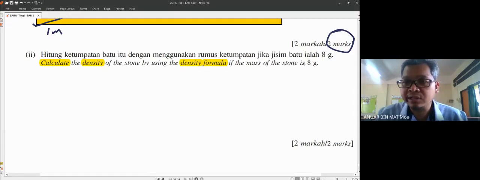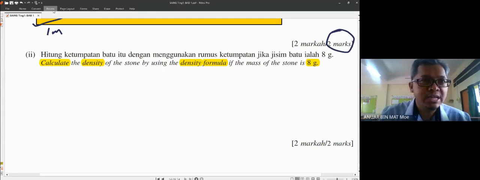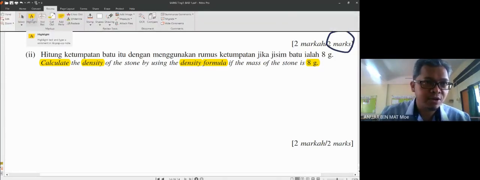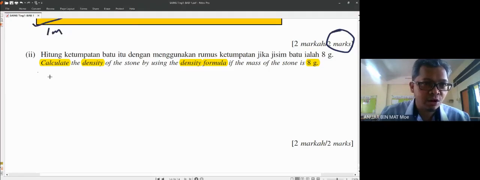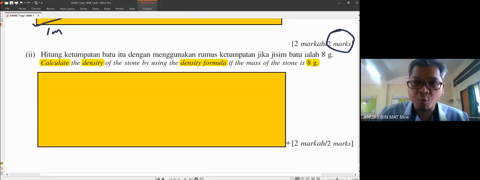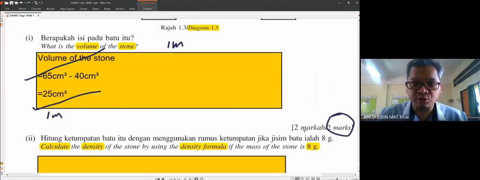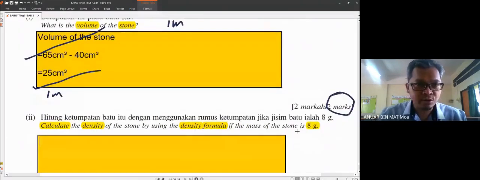Again, calculate the density of the stone by using the density formula, if the mass of the stone is 8 gram. Very easy, because you already obtained the volume of the stone, which is 25 centimeter cubic.